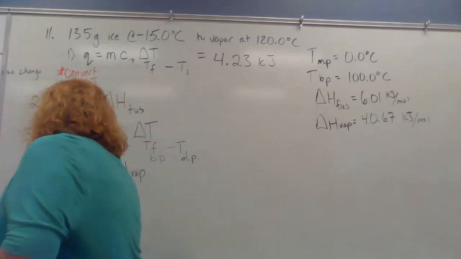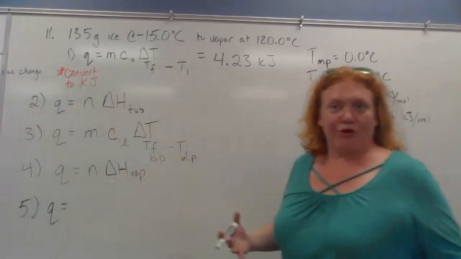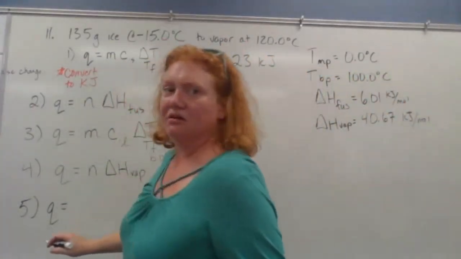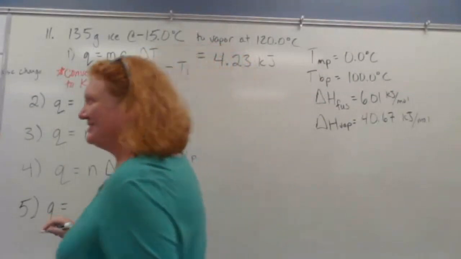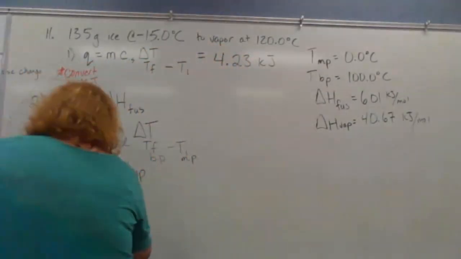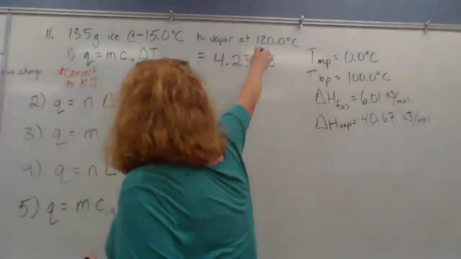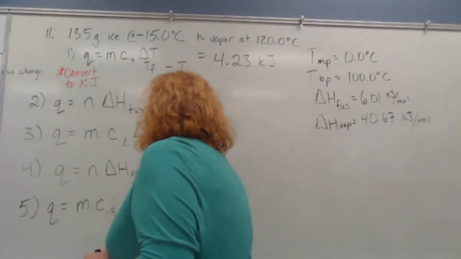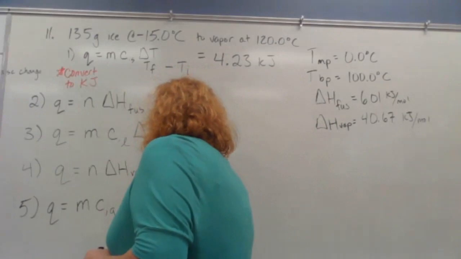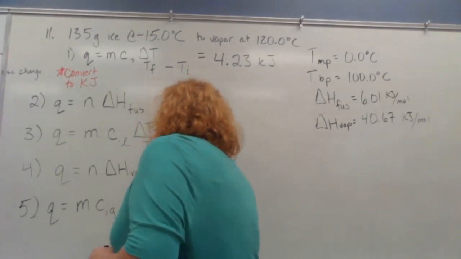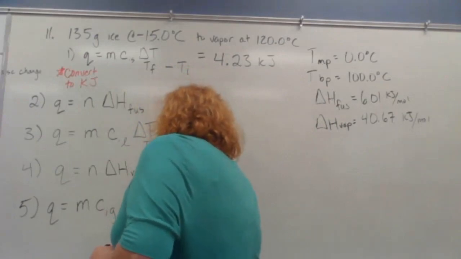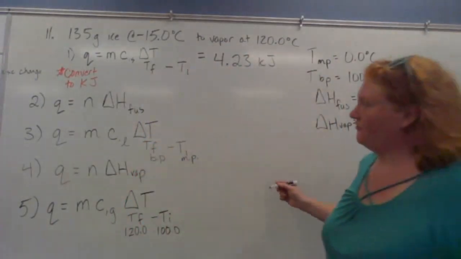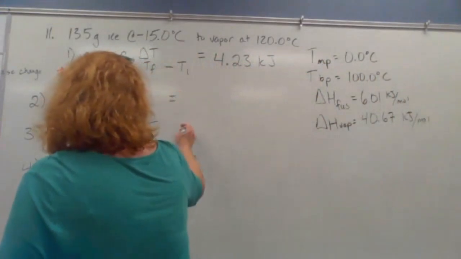And then lastly, we're taking that gas we've created now, that vapor, and we're heating it from 100 to 120. All 5 steps. I'm going to give you all a minute to do that.